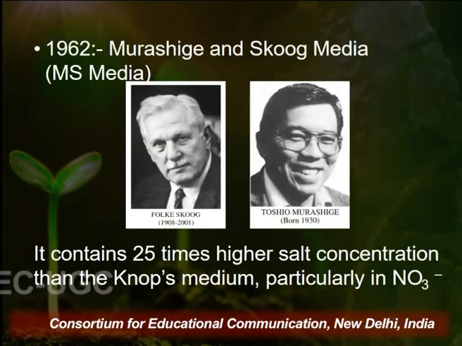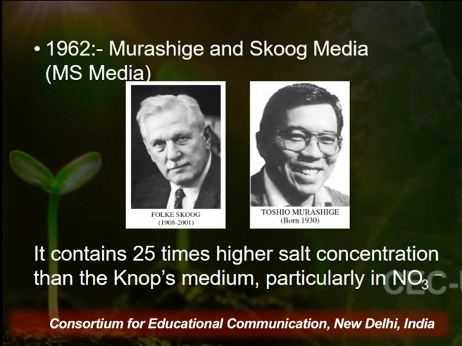In 1962, Murashige and Skoog came together and developed a media which had 25 times higher salt concentrations than the previous solution, specifically those of the nitrates and ammonium ions.